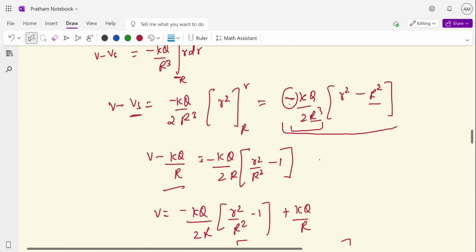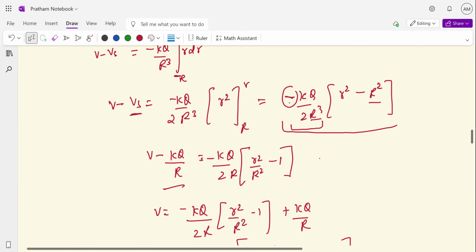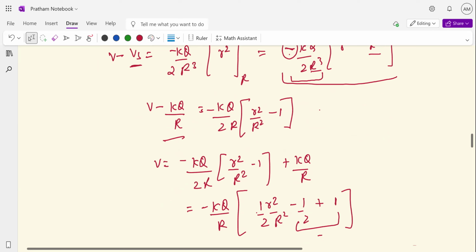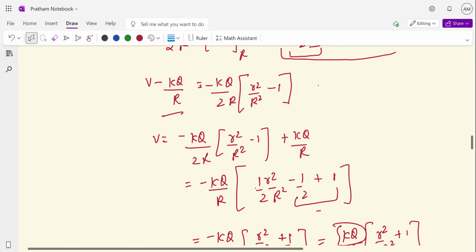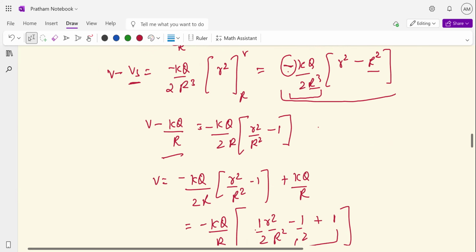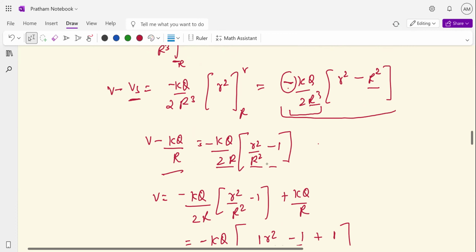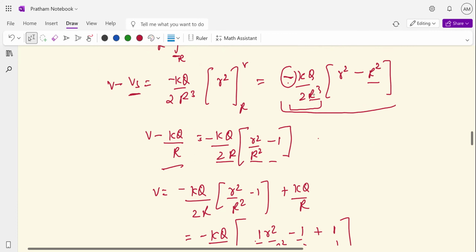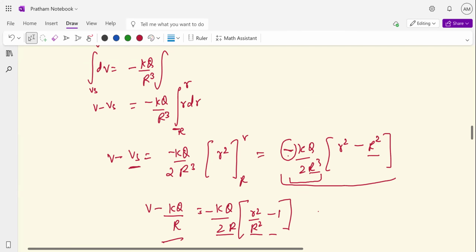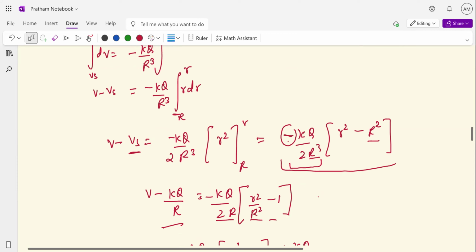R square dR, this thing was still there. So if you keep it outside, it will look like this. Some difference is there, I'm not sure what. This is fine, I think. How did I get cube here? Cube was in the formula itself.